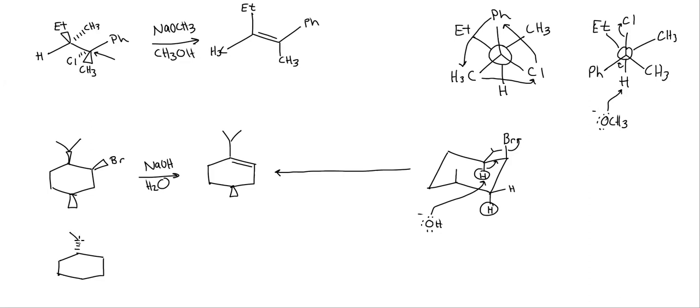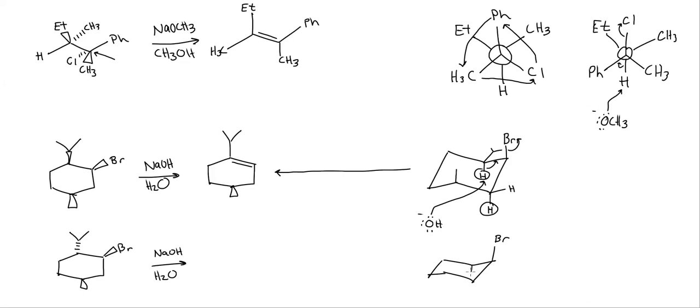So all I'm doing is switching the isopropyl to a dash, leaving everything else exactly the same. So now let's go ahead and draw the bromine again in the chair conformation on an up axial.